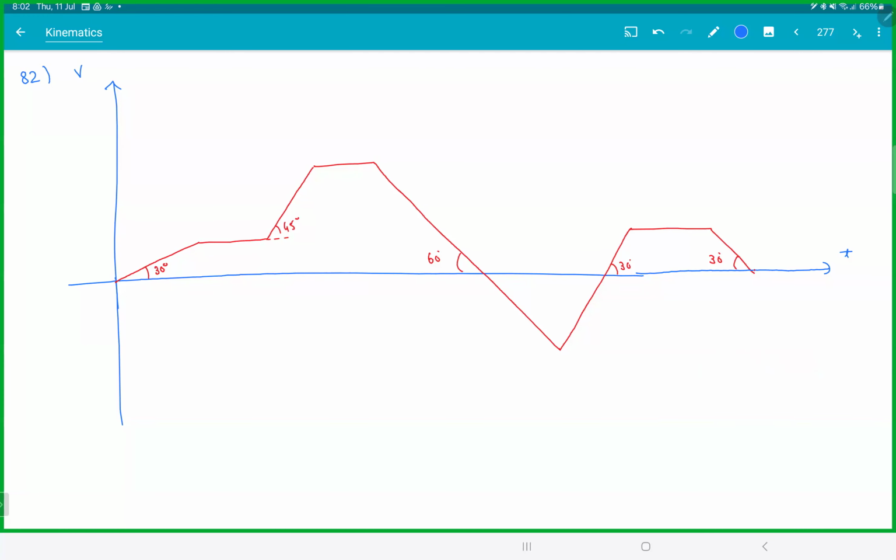Wait, I'll change something here. This is 60 degrees, and this line which you have, this equation, is something like V is equal to some t square minus some number.